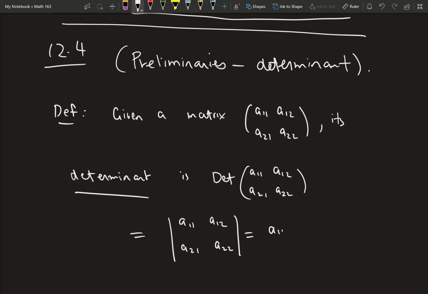And that is A11 A22 minus A21 A12. It's essentially the product of the diagonals and then subtracting the other product here.